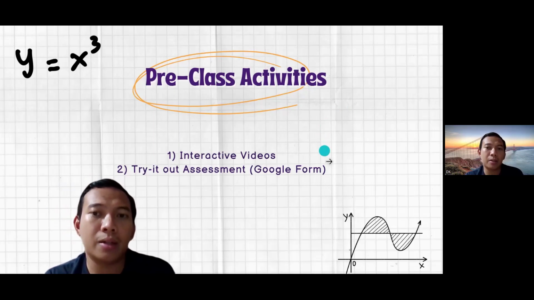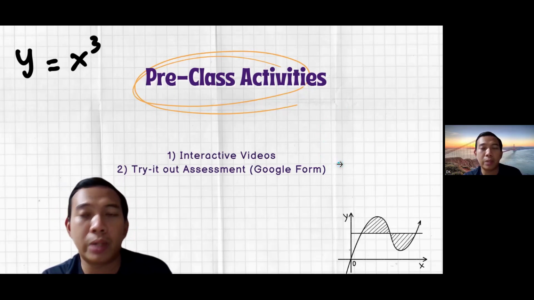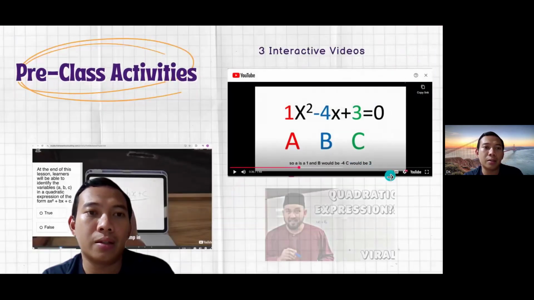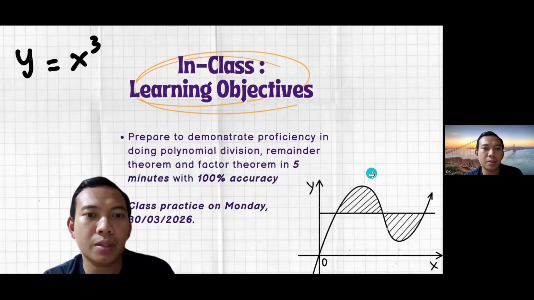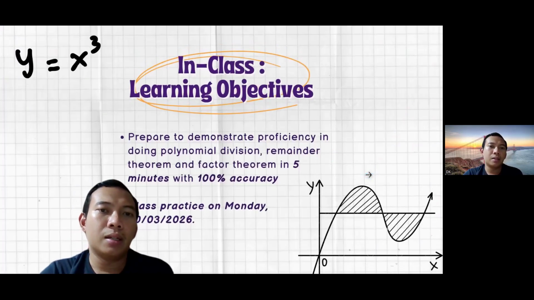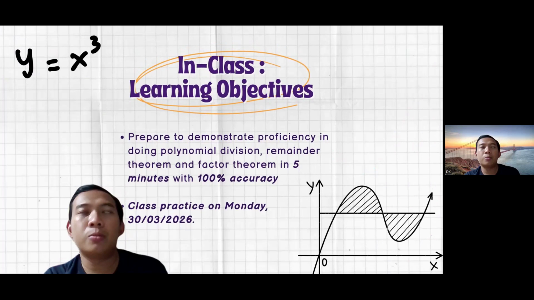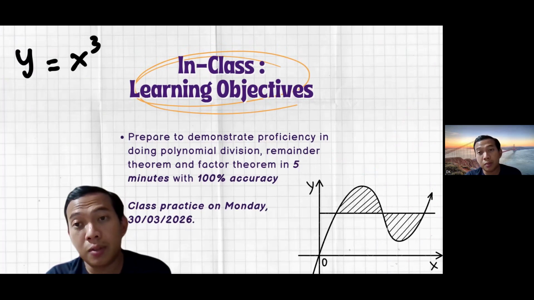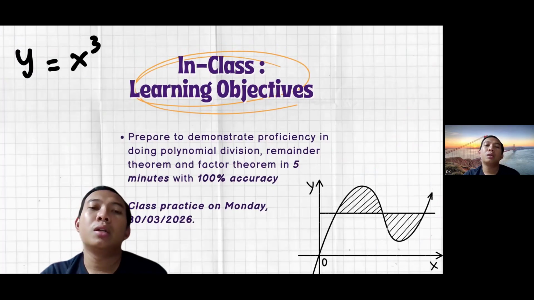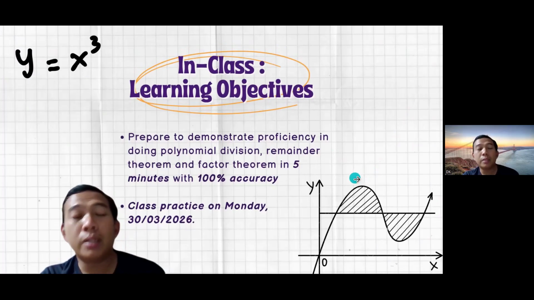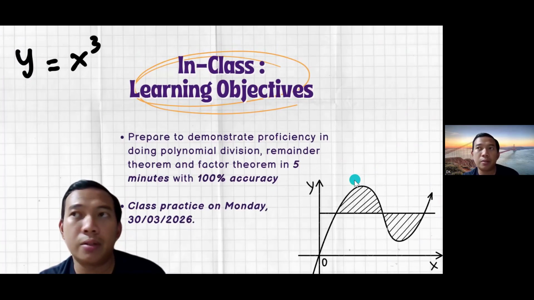By next Monday when we come back for lessons, you will be expected to do some questions, hopefully of O level standard. I will be going through some of the questions, and you are expected to do polynomial division, remainder theorem, and factor theorem in 5 minutes with 100% accuracy.